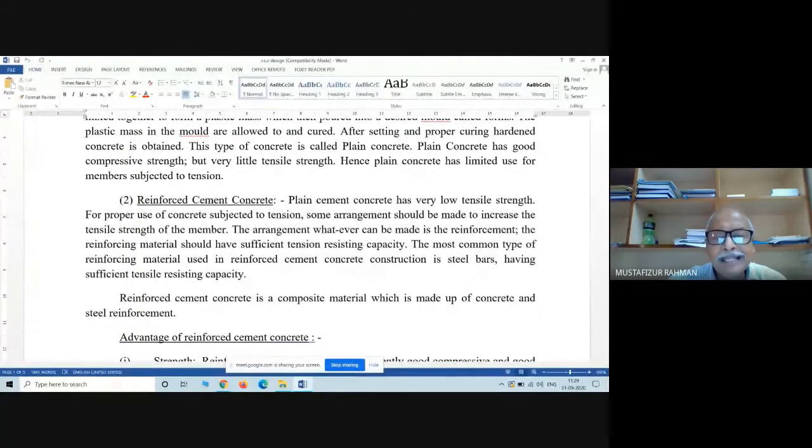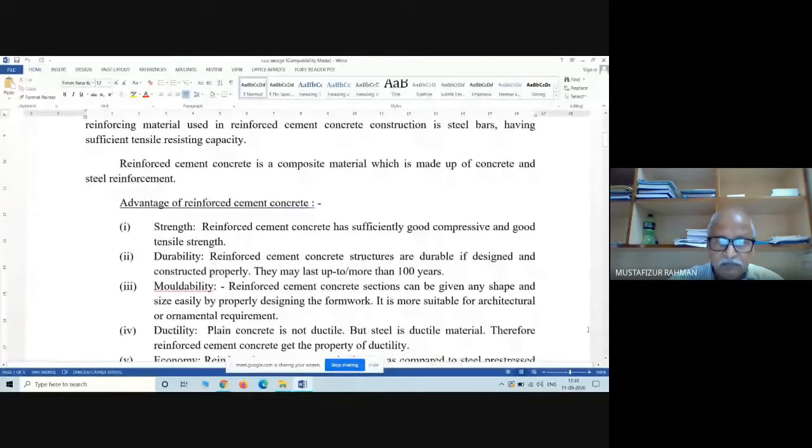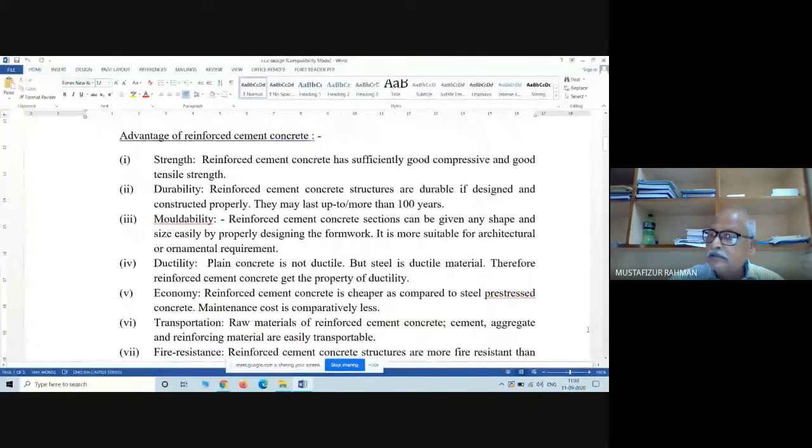I am reading: plain concrete has very low tensile strength, so for proper use of concrete subjected to tension, some arrangements should be made to increase the tensile strength. So ultimately what happened? We got plain concrete and reinforcement.